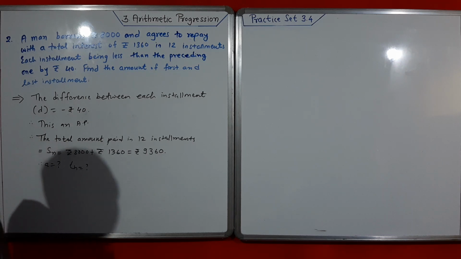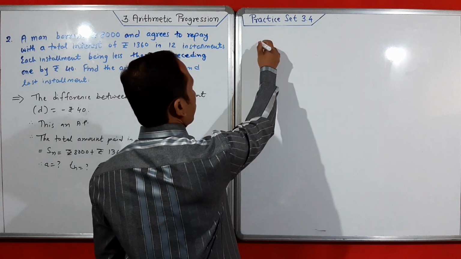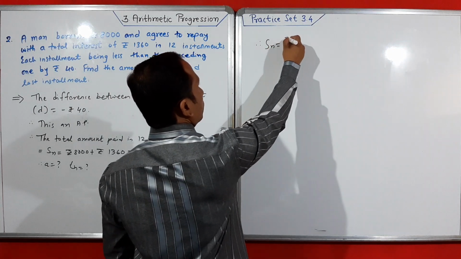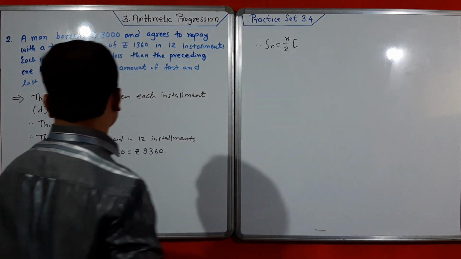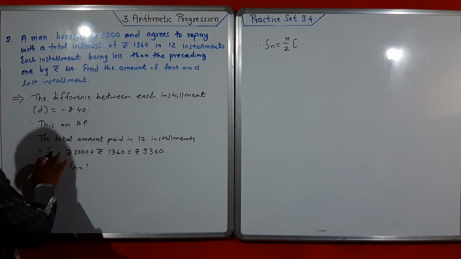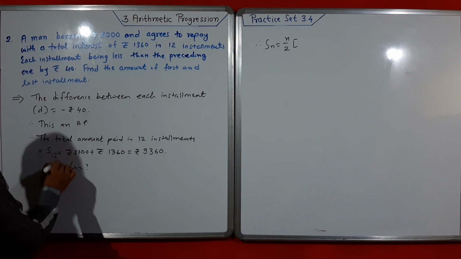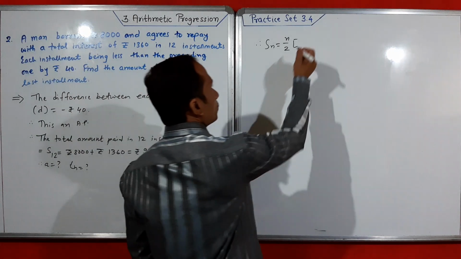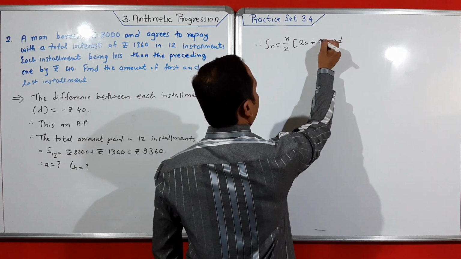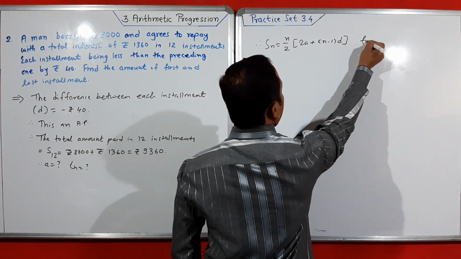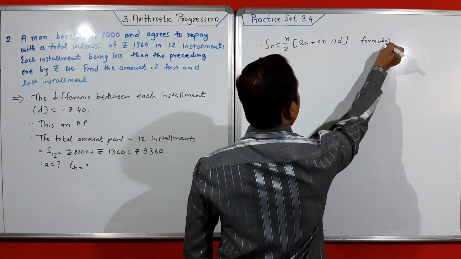So let's solve this. First we'll use the formula Sn = n/2 (2a + (n - 1)d), where n is 12. This is the formula for n number of installments.